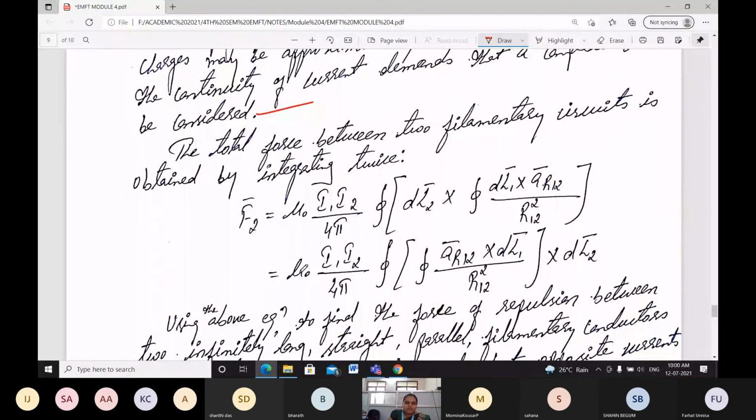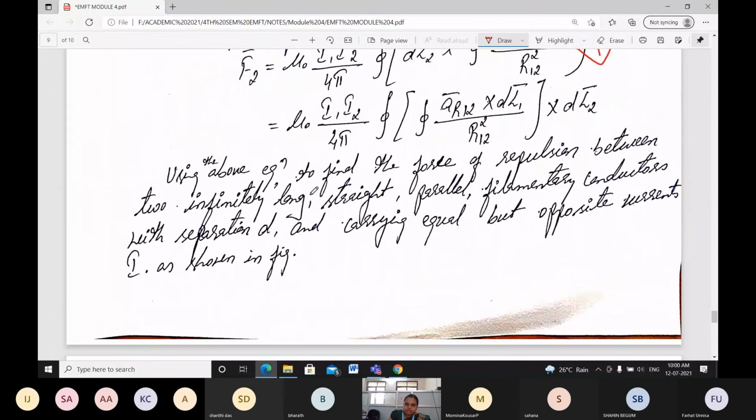That is equal to mu naught I1 I2 divided by 4 pi closed integral, then this part is taken outside, aR12 cross dL1 divided by R12 square, cross dL2.